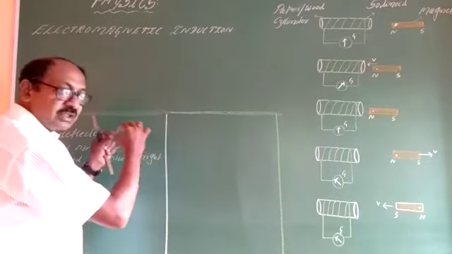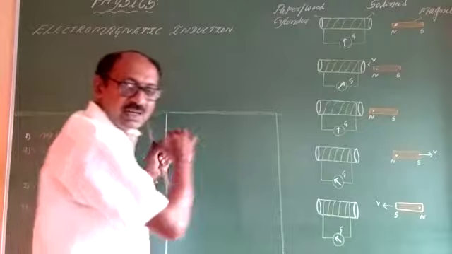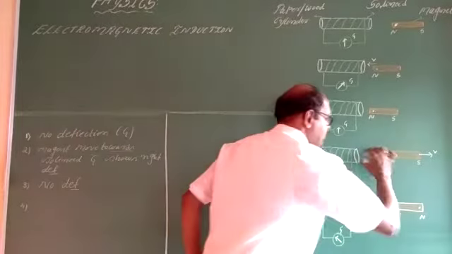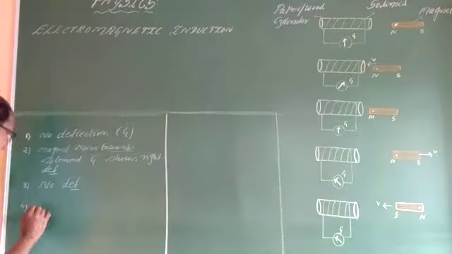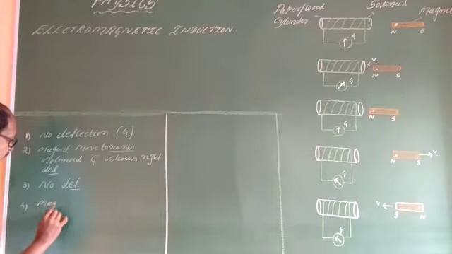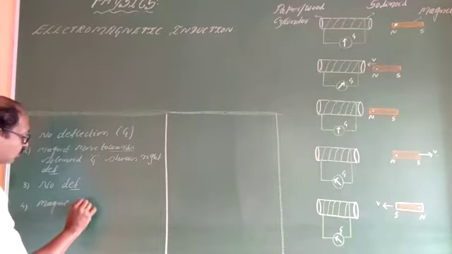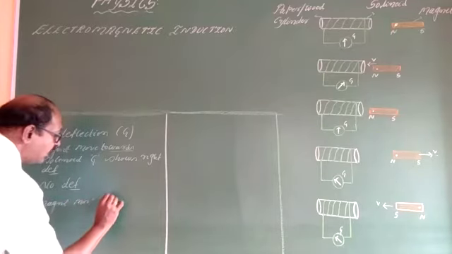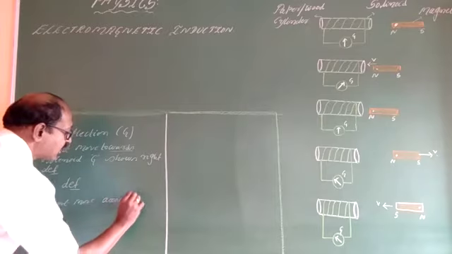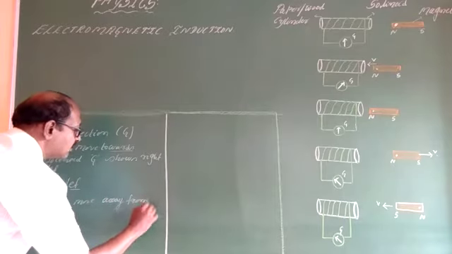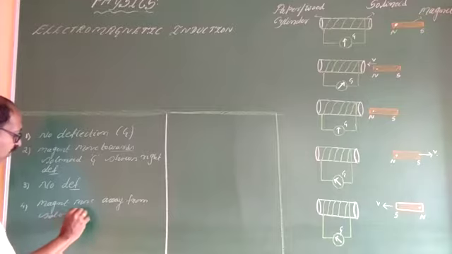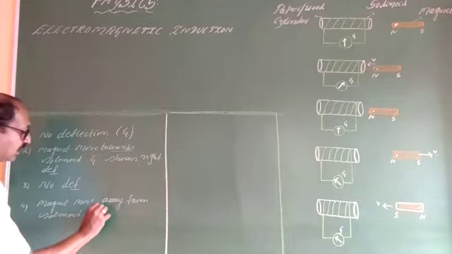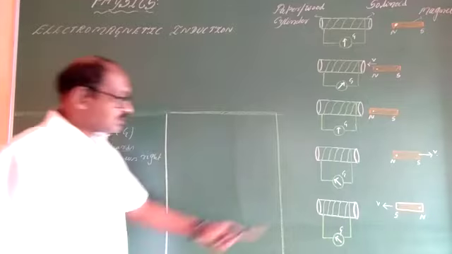Now in the fourth case, what we have to do is drag the magnet away. So the magnet moves away from the solenoid. Then what happens to the galvanometer?